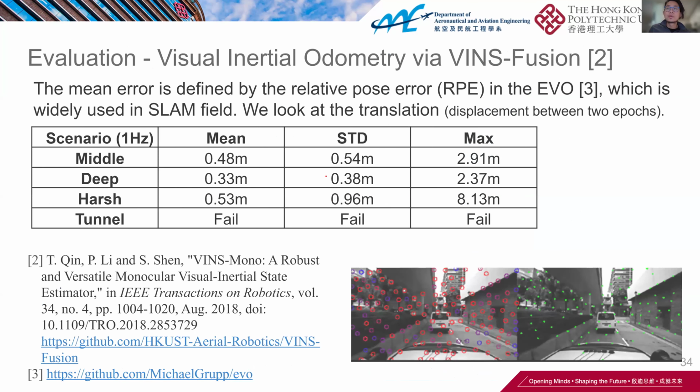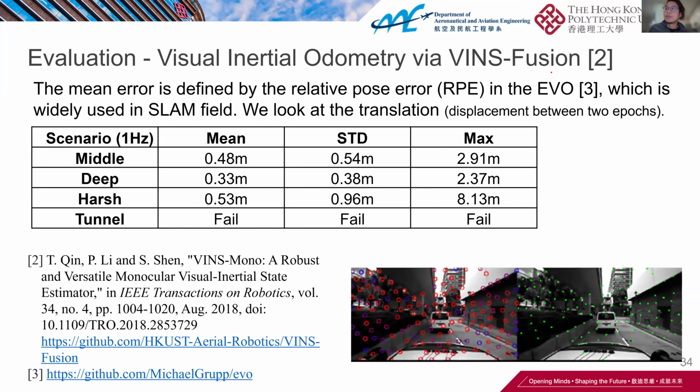And for visual odometry, we tried VINS-Fusion, developed by HKUST, Dr. Shen Shaojie, a very popular one. We evaluate using EVO, only looking at the relative pose error between two epochs at a time. Bear in mind, this is 27 hertz, so this is between two epochs.